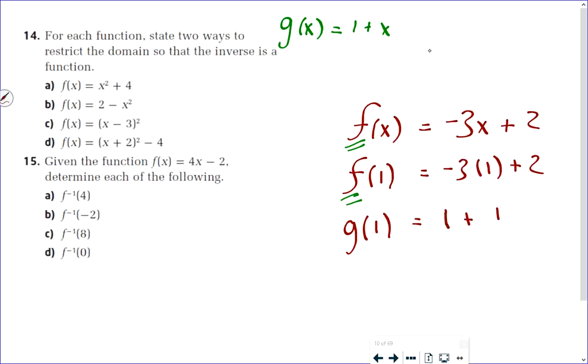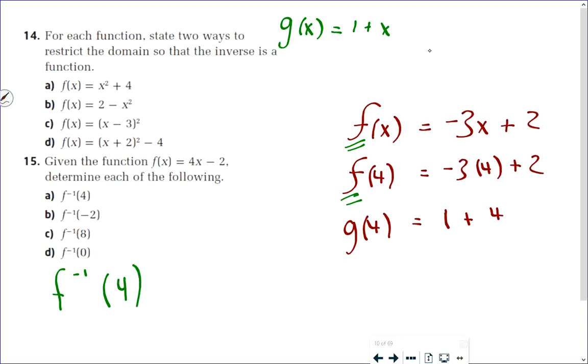If I said to you, what is f of 4? Then you would look for f of x, and you would put a 4 in for x, wouldn't you? And if I said, what is g of 4? You would put a 4 in for x. Okay. If I say, what is this?